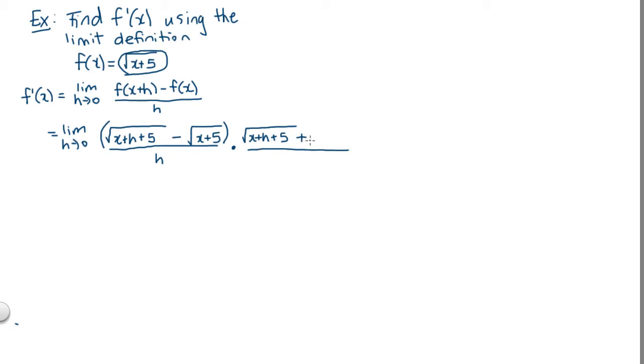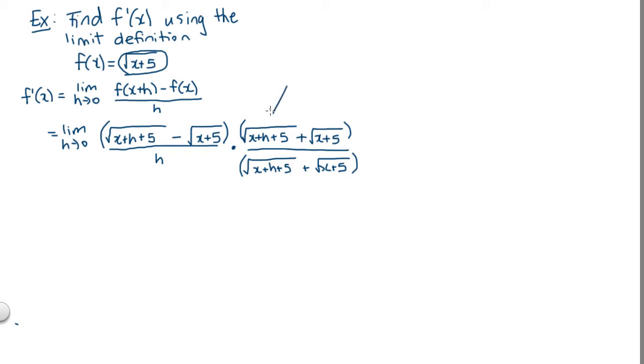So it's going to be plus root x plus 5. And we want to multiply numerator and denominator here by the exact same thing. So we'll just recopy that again in the denominator. Okay, and just for clarity, I'm going to throw brackets around the numerator and the denominator here just to help us with our calculation in the next step.